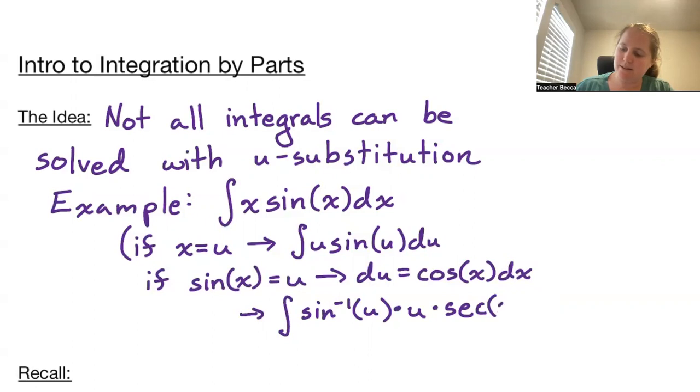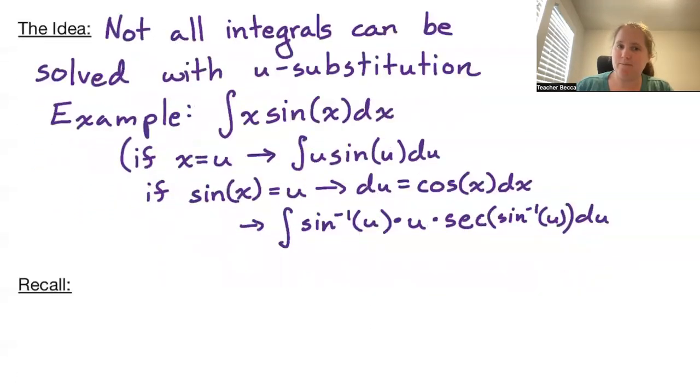It would become secant of sine inverse of u du, both of which are extremely messy, right? So we need another approach.